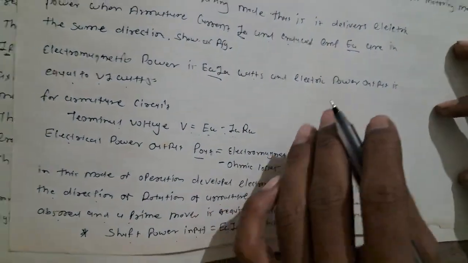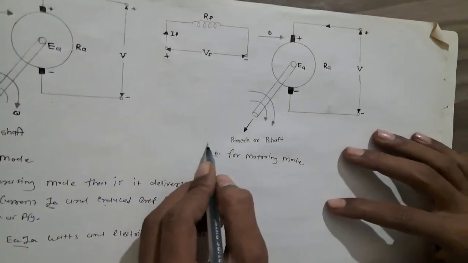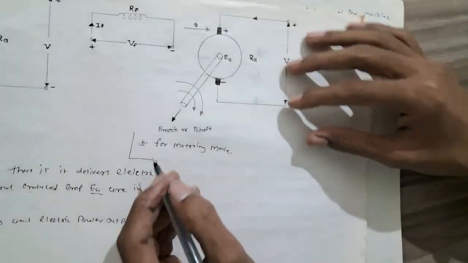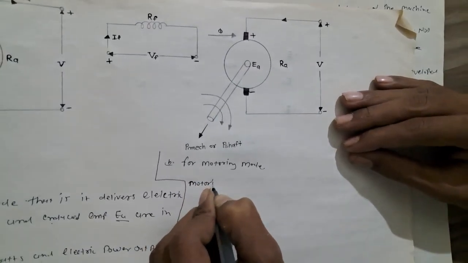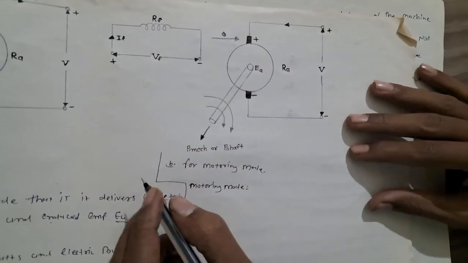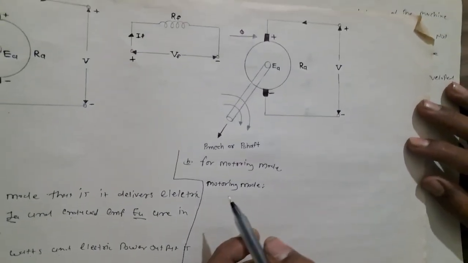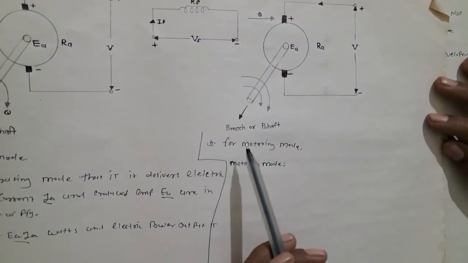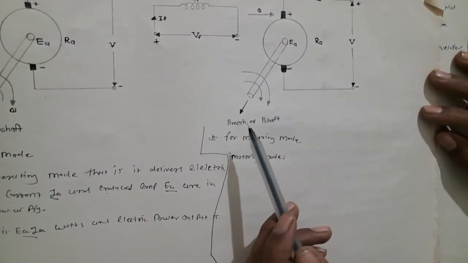Okay, so the second mode is the motoring mode. The machine operates in the motoring mode when armature current IA flows in opposition to the generated EMF EA, as depicted in the figure.